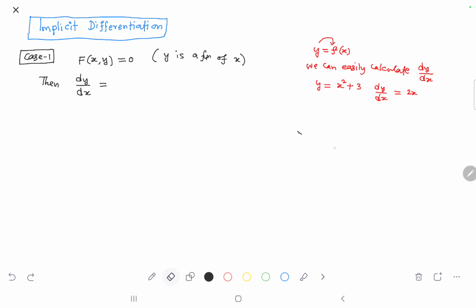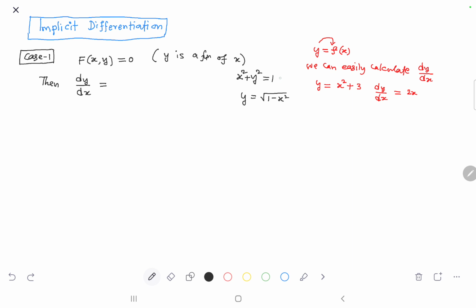For example, you can think that you have x square plus y square equals 1. This kind of thing. So you can easily calculate y. y will be the square root of 1 minus x square, like that.